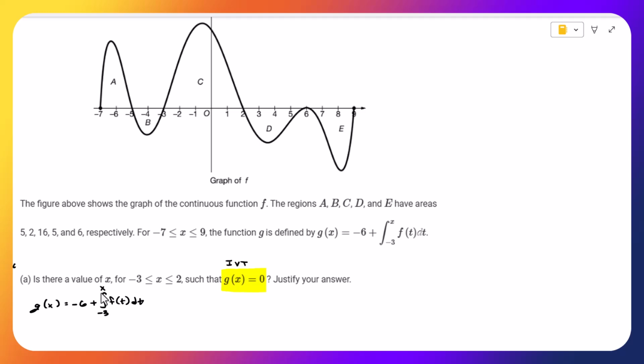And we need that because part of our g of x is f. And this g function is defined by an integral. So that means it's an antiderivative. So g is continuous because f is continuous.